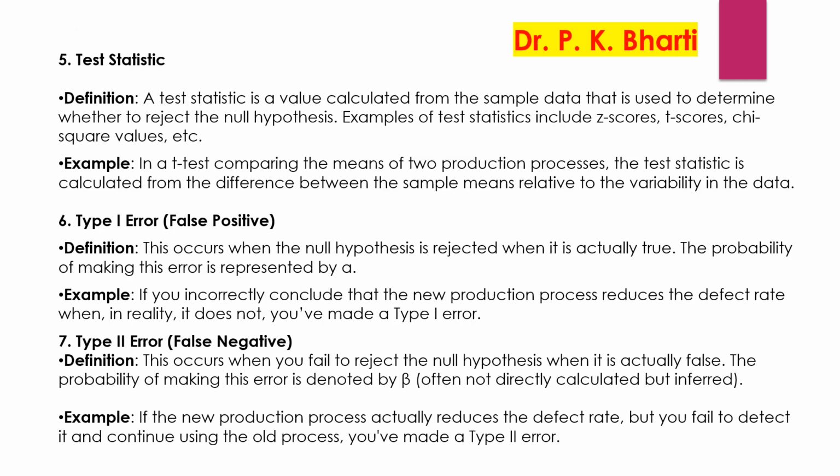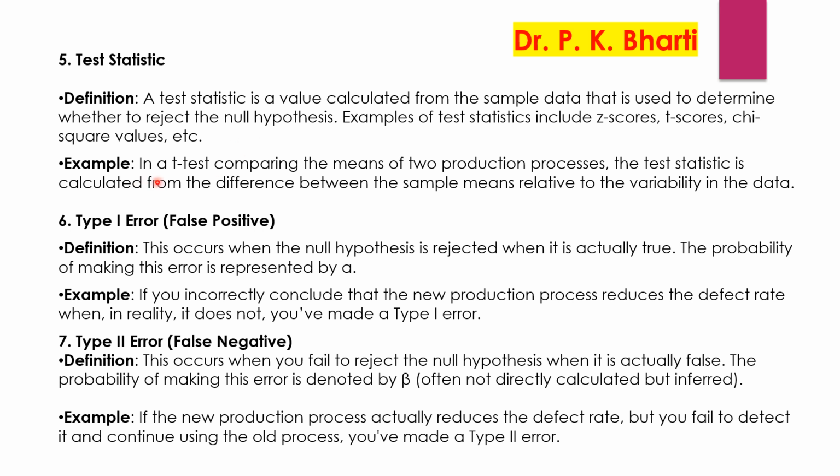Test statistic. Definition: a test statistic is a value calculated from the sample data that is used to determine whether to reject the null hypothesis. Examples of test statistics include z-scores, t-scores, chi-square values, etc. The values which are calculated from the formula of t-test, z-test, chi-square test are termed as test statistics.